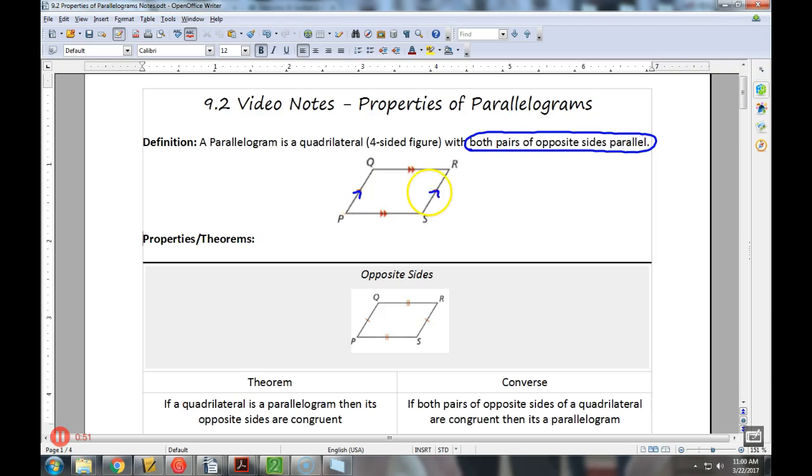So in my picture, I have the markings here, and that tells me I know for sure that it's a parallelogram.